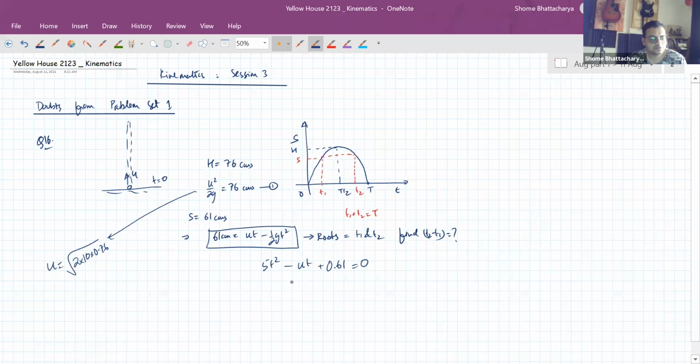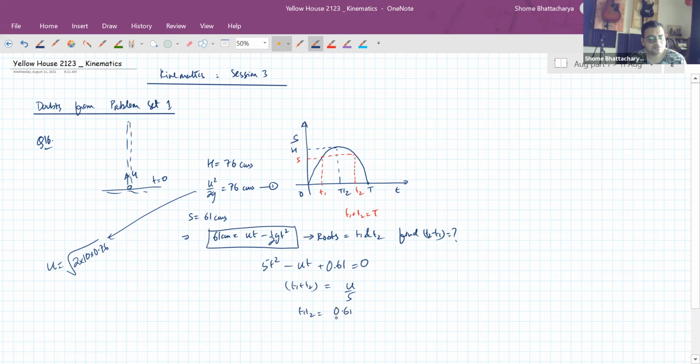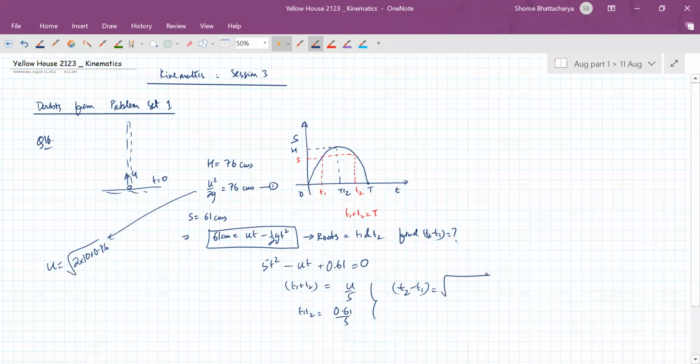So the sum of the roots is equal to u by 5, and the product of the roots is equal to 0.61 by 5. So the difference of the roots. You have done this in quadratic equations. Have you learned this concept, how you can find directly the difference of the roots? Yes, sir. You know this concept.